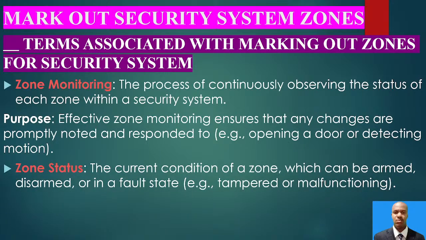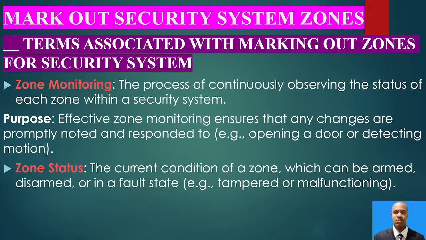Then we have the zone status, and this simply refers to the current condition of a zone, or the current situation in a specific zone, which can be armed, disarmed, or in a faulty state. E.g., someone might have tampered with the zone, or the security system in that zone may be malfunctioning.